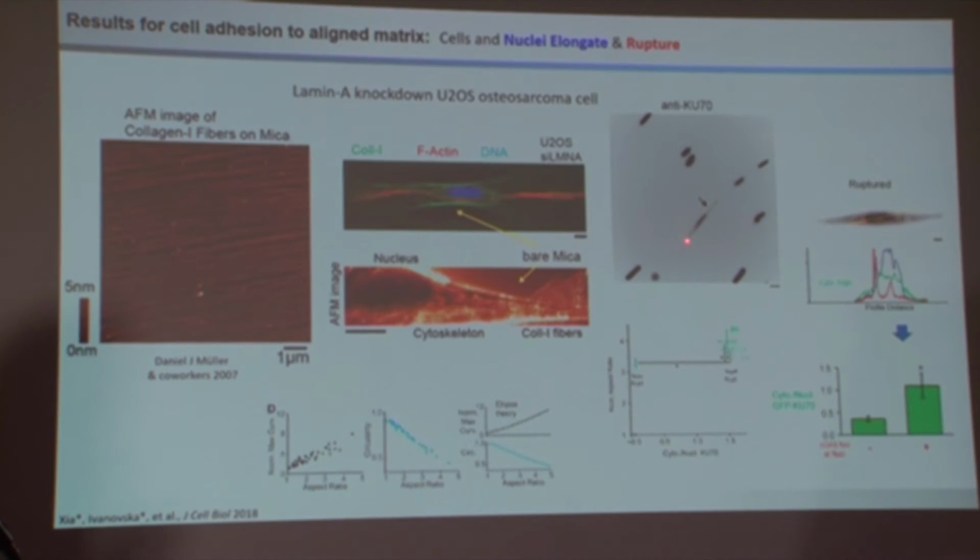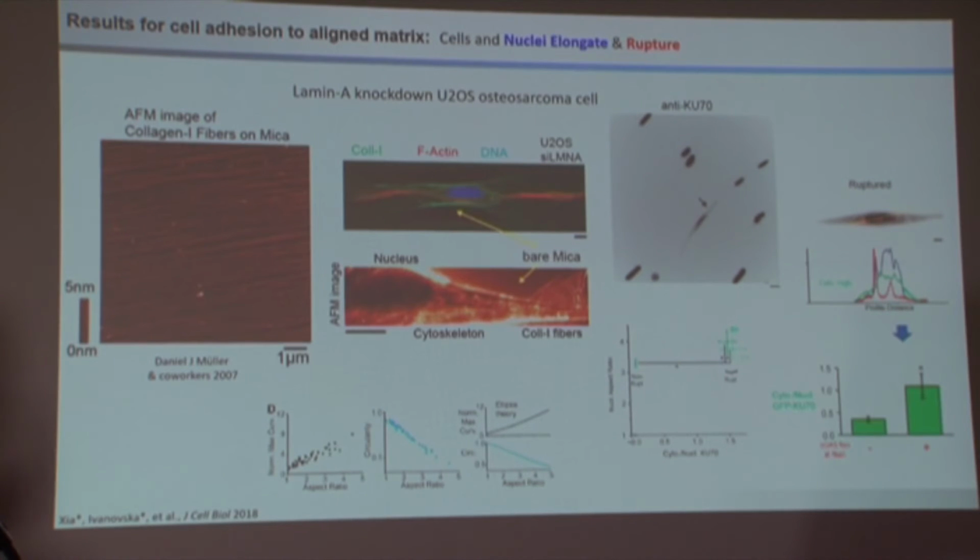What you see in this image are nuclei, and if you have nuclei that are really stretched along the fibers with high curvature at the tips of the nucleus, we usually observe significantly more events of rupture and mislocalization of the DNA repair factors to the cytoplasm.